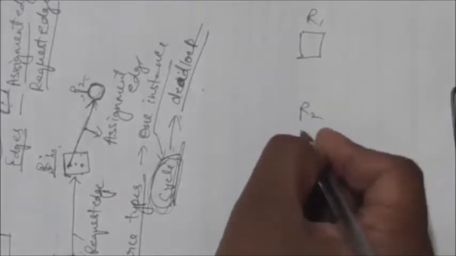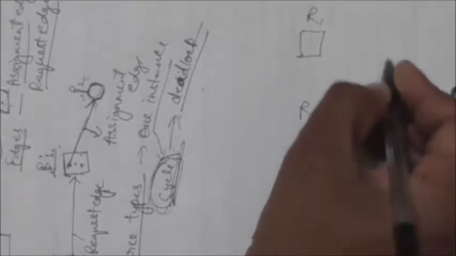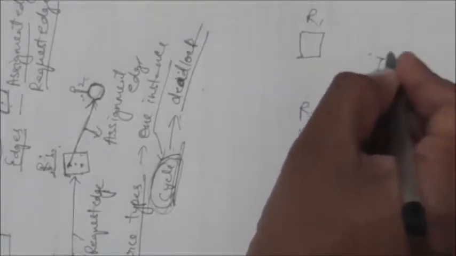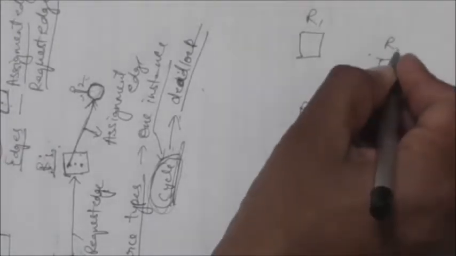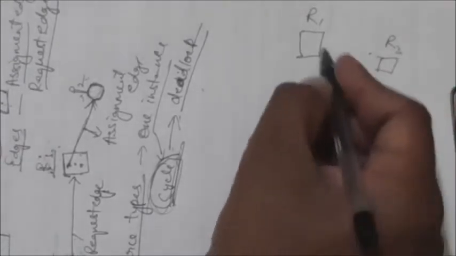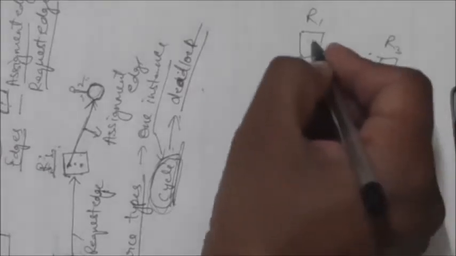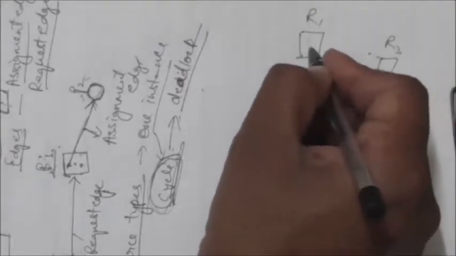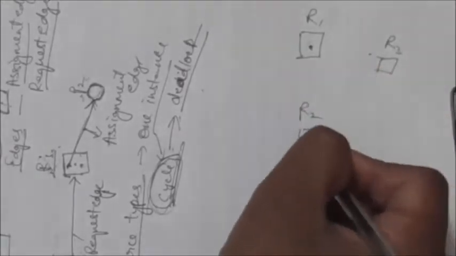Now see this example. Suppose this is the resource type R1, this is the resource type R2, and this is the resource type R3, and all these resource types have only one instance. So we will make only one dot in these rectangles.